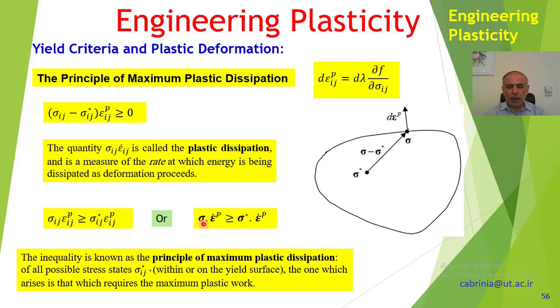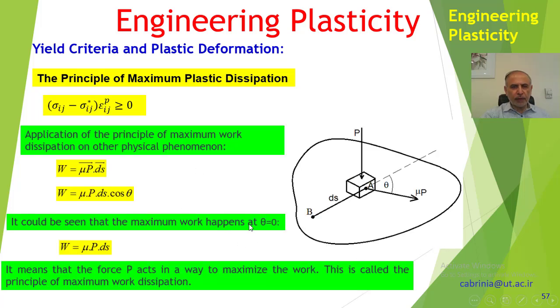So if this is so, then we get this relationship, which means that in order for the plastic deformation to occur, maximum work has to be done, and that's what we have shown here.